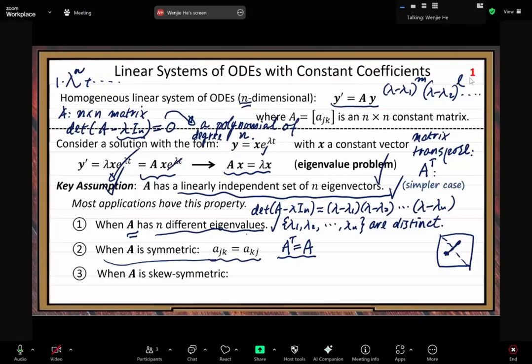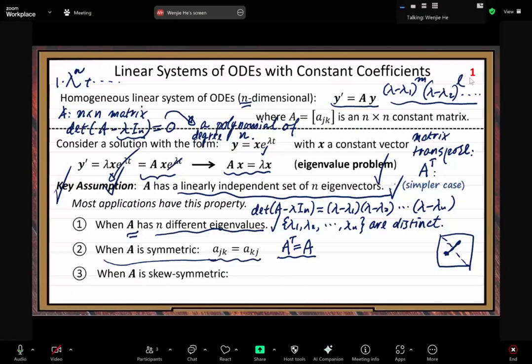Even if a symmetric matrix does not have n different eigenvalues, and some eigenvalues have multiplicity higher than one, the key assumption is still satisfied. Whatever its eigenvalues are, this property we can prove.